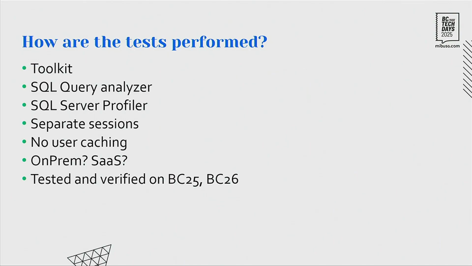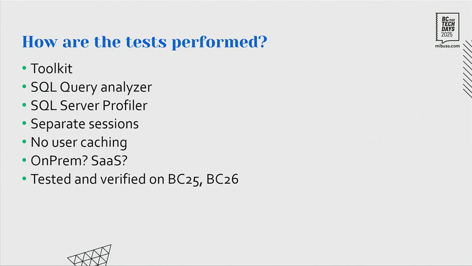The results which we'll see in this session will apply also for on-prem or SaaS, and the tests are verified on newer versions. I did the tests on BC 25 and 26. Why do I mention this? Because for some parts, there is Business Central platform optimization, which automatically does some optimization of your SQL queries in the background without you knowing it.